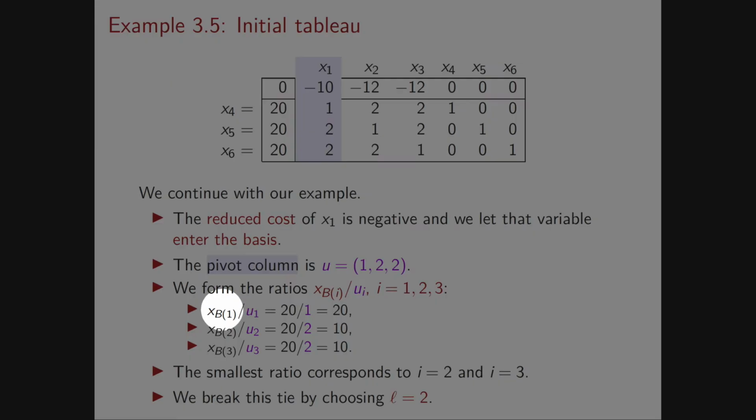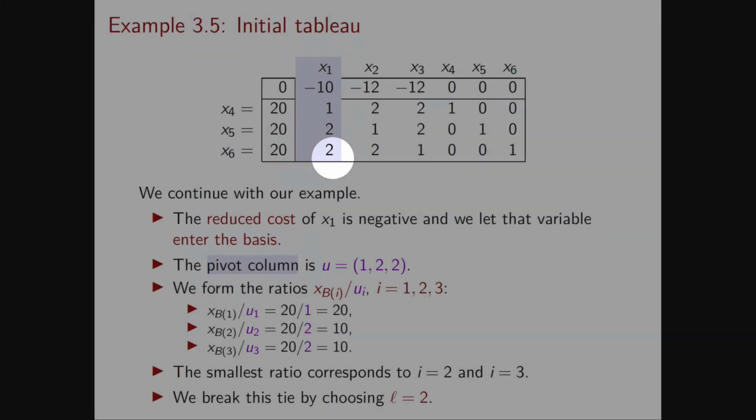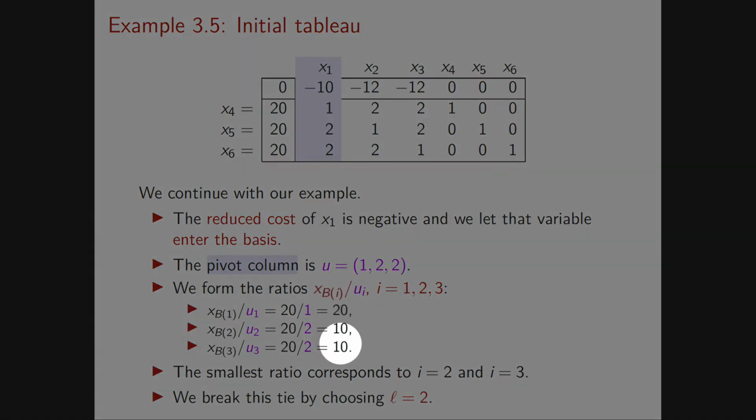Now to compute xb1 over u1, we can read xb1 here is 20 and u1 here 1, so the ratio is 20. Then xb2 over u2 is 20 divided by 2, which is 10. And finally, xb3 over u3 is 20 divided by 2, which is 10. So these are my 3 ratios. We need to pick the smallest.